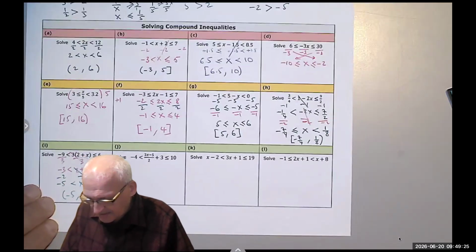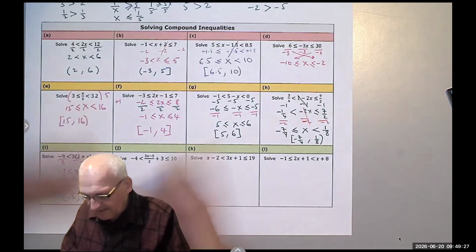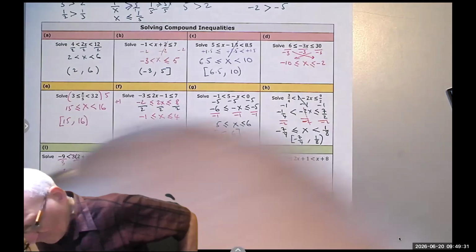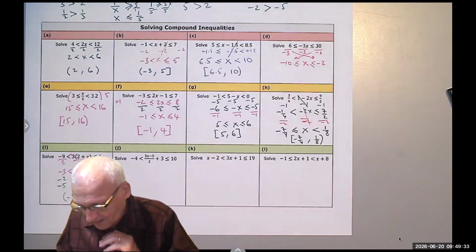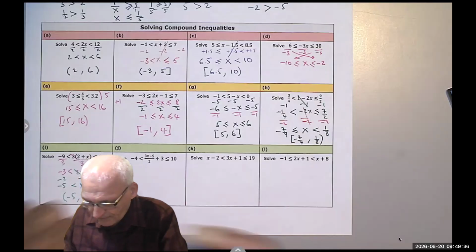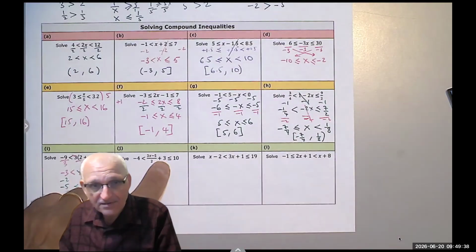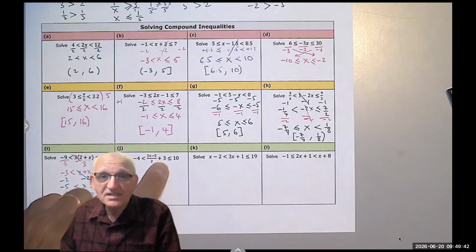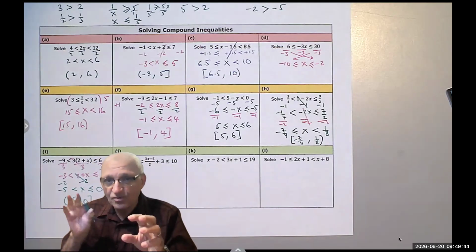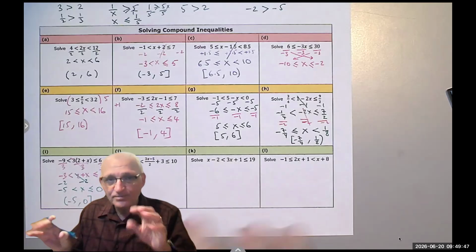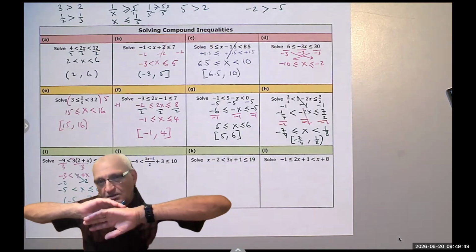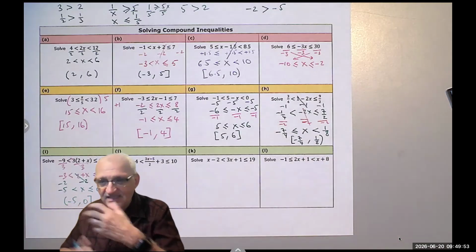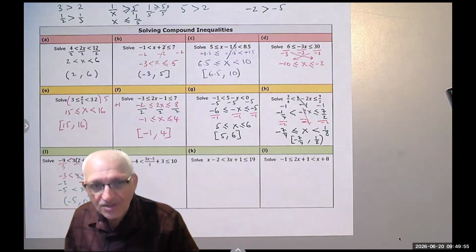So next. Oh, here we have, again, a combination of things. So first of all, I get rid of the 3 by subtracting 3. Why do I start with the 3? Because I told you every time you see a plus or a minus, that's a separate term. You have to take all the terms away and leave only the term that has an x, and then see how we reach the x.